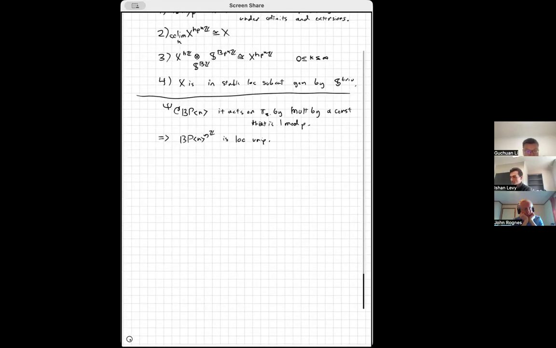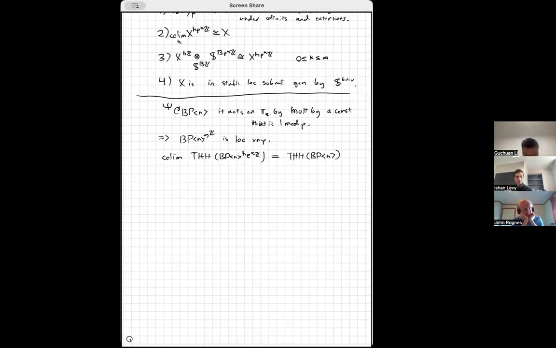And so what does that tell us? It tells us that THH is something that preserves filtered colimits. And so what you learn is that if you take the colimit of this THH of these fixed points, then you just get THH of BPN.